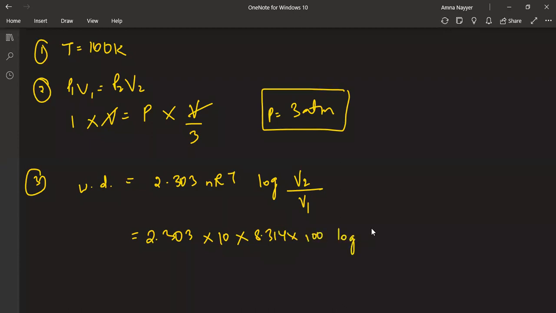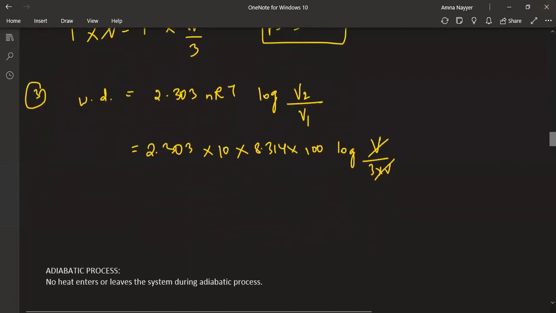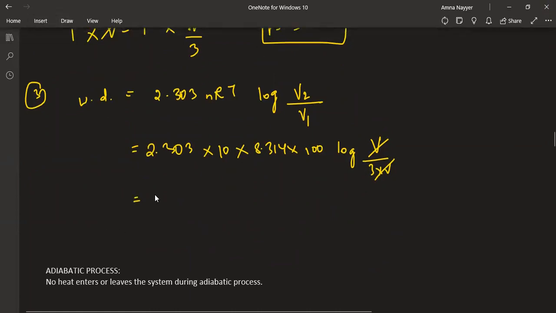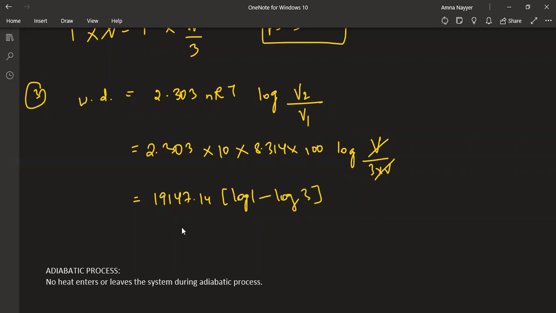This becomes log V by 3 into V. So this time it is 3, that time it was 2. When you put in the values, 2.303 into 10, I'll write down the value itself: 19147.14. This becomes log 1 minus log 3.